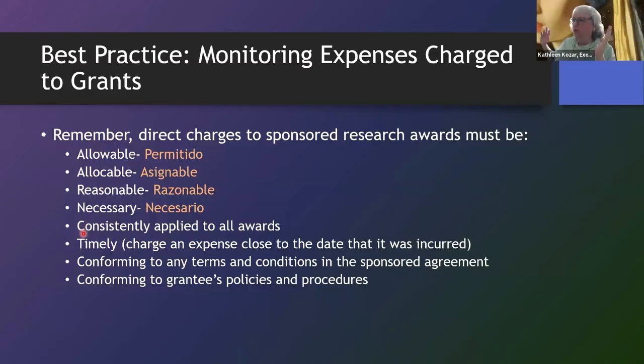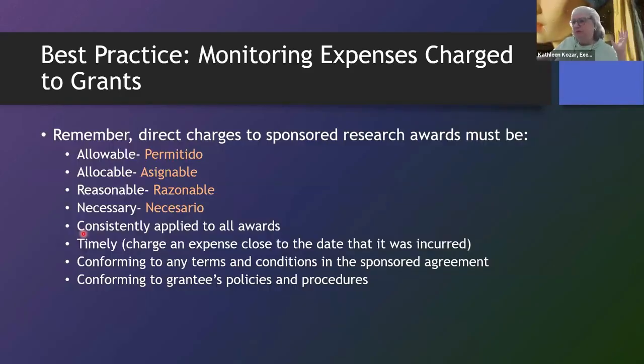You also have to make sure that you are treating all of your grants consistently. So you don't want to treat one NIH grant differently than another grant from NIH. You want to make sure that you are consistent in the way you review and approve expenditures and the way you are compliant with your own institution's internal processes and policies.